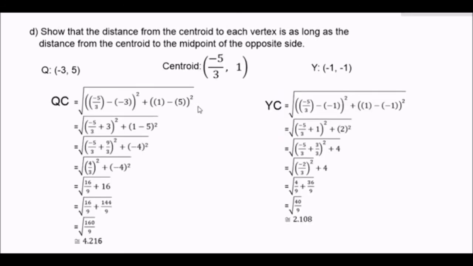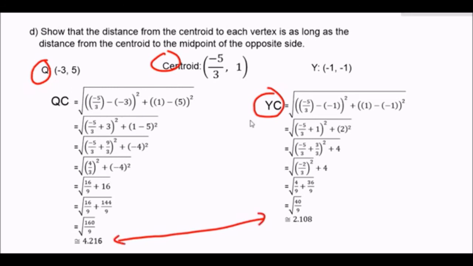So here's the math, super neat, because I typed it, that shows the distance from Q to C, right here. It's about 4.2. And the distance from Y to C is right here, and that's about 2.1. And therefore, the distance from the vertex is twice as much as the distance from the midpoint.